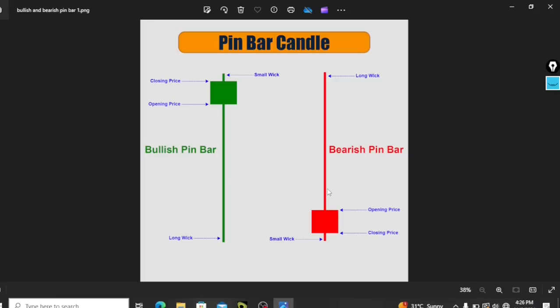If you look at it, you will notice that this pin bar has a very long tail, called a long wick or long shadow, and it has a very small body, very small compared to the long wick. This is the opening of the day, and from that opening it moved all the way up and then began to lose strength, came back to the opening, moved downwards and closed here at the closing price.